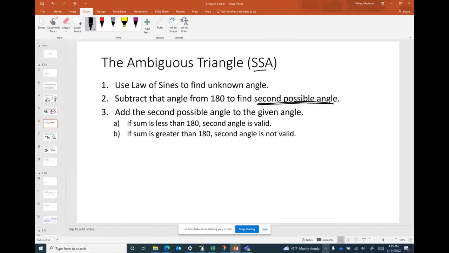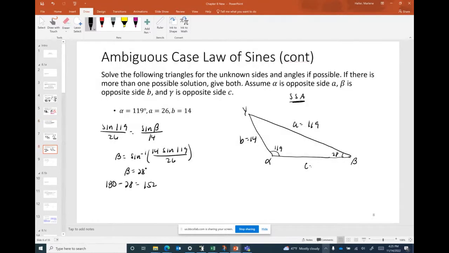I'm going to add that to the given angle to see if it can make a triangle. So 152 is a possible second angle for beta. Is it though? Let's see. Add 152 to the given angle? Oh, no way. When I add the given angle, I'm way over 180 degrees.